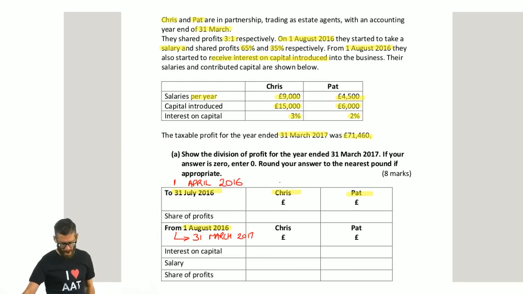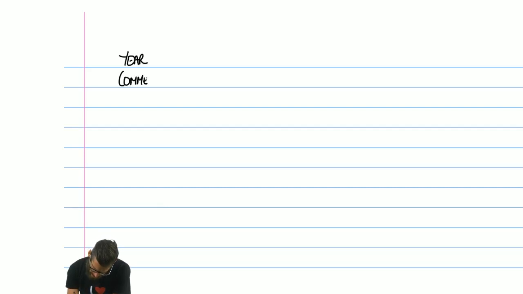Now, the first thing I strongly advocate is that you draw up a timeline. We know the year commenced, because if we have a year-end date of the 31st of March, the year must have commenced the day after, the 1st of April, April Fool's Day.